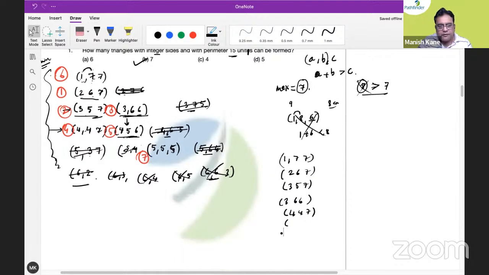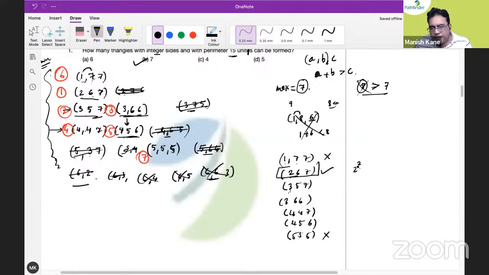Then you have 4, 5, 6. And you have 5, 5, 5. Obviously, this is an equilateral triangle, so not an obtuse angle triangle. This doesn't satisfy because 1 square plus 7 square will be greater. Then how about this? 2 square plus 6 square is less than 7 square.